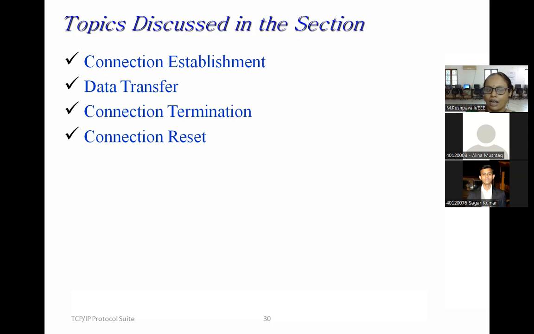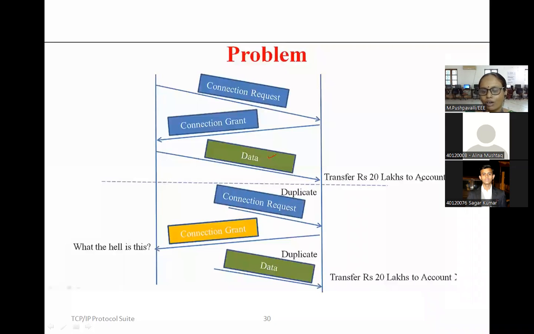We have the six flags: ACK, URG, RST, SYN, the synchronization bit, and so on. All of these are responsible for TCP. Now students, please understand why the connection is very, very important in the TCP layer.